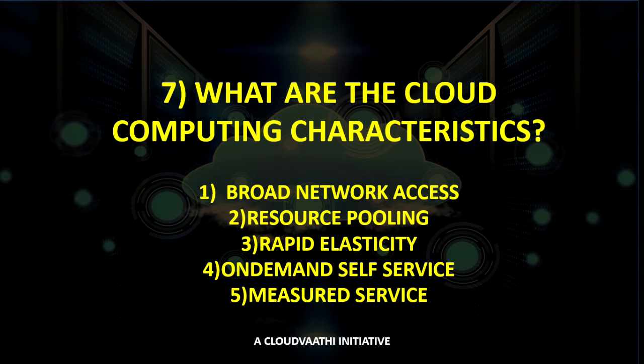Instead of having a support team who monitors the application 24/7 and reports to a manager, who reports to another team, everything is monitored by the cloud itself. They monitor the real-time traffic, and based on it they can increase the number of servers to handle the extra traffic, or decrease them once the traffic has subsided and we come back to our normal average traffic. All of this can be configured with the help of auto scaling rules. So that is rapid elasticity.